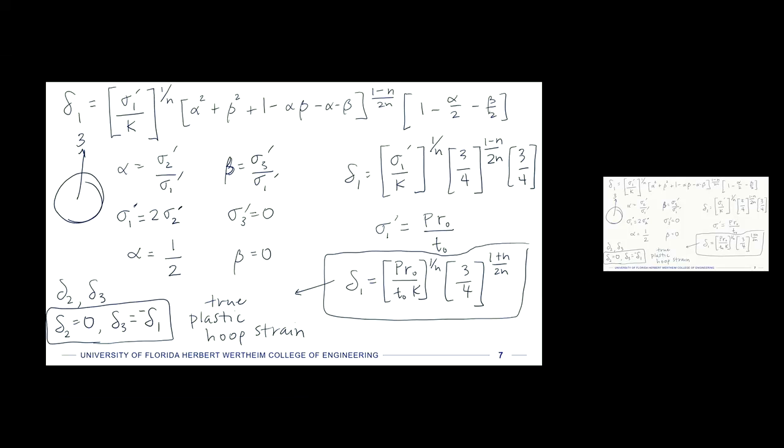Okay, so we're getting there, and we can now start to think about that derivative we were going to take, right? We were going to take a derivative of stress. Well, in this case, we have pressure that drives the stress.